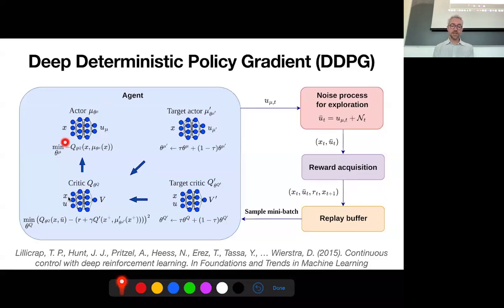And the way they train this neural network is by minimizing minus the critic, so minus the Q function, which is like maximizing the Q function. This is in the setting where you want to maximize, so it's an RL setting where you want to maximize a reward. If you're in the optimal control setting, then you just minimize the Q function, which is what we always did.